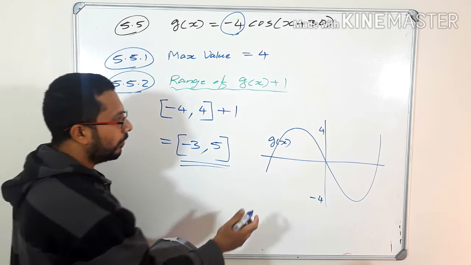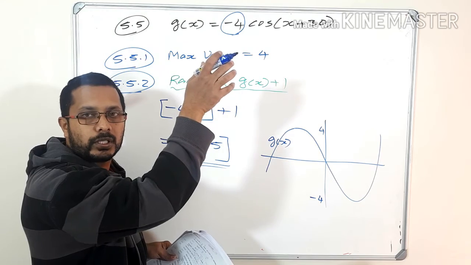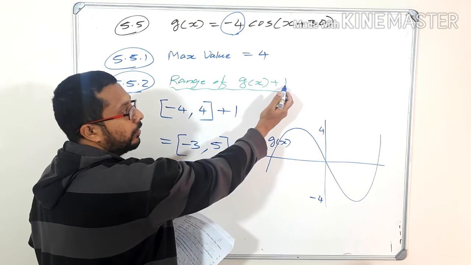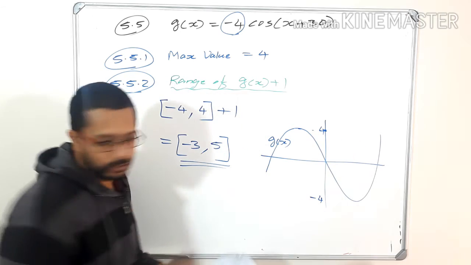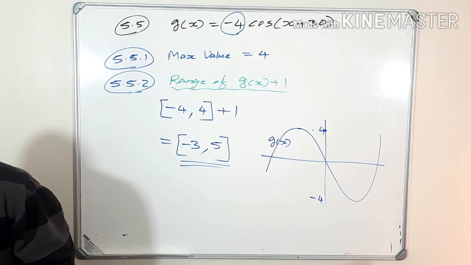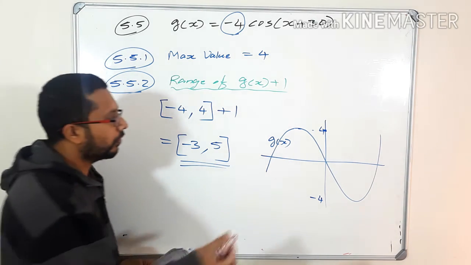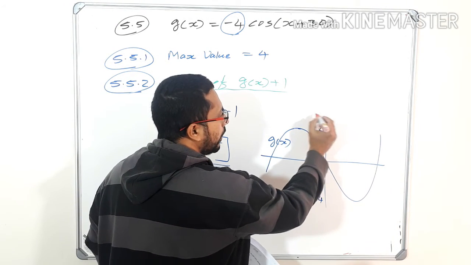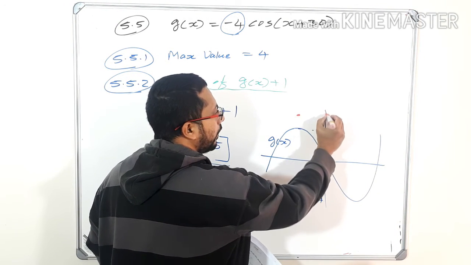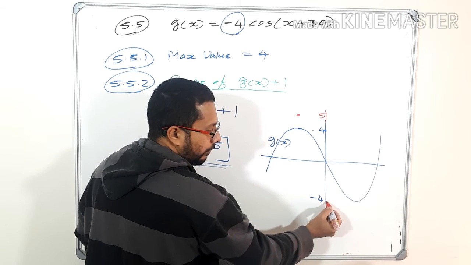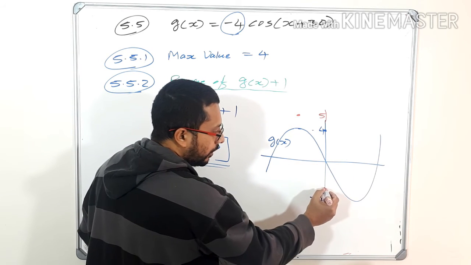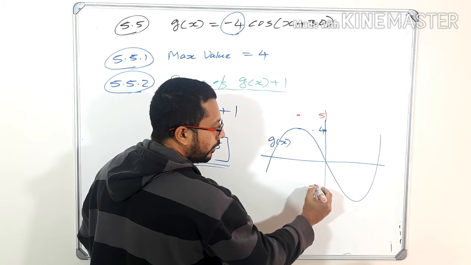Look at this one. How many units shifted? 1 unit. Here the maximum value is 4. If the maximum value 4 is shifted 1 unit upward, the maximum value will be at 5. And here minus 4 is the minimum value. 1 unit up means the minimum value will be at minus 3.